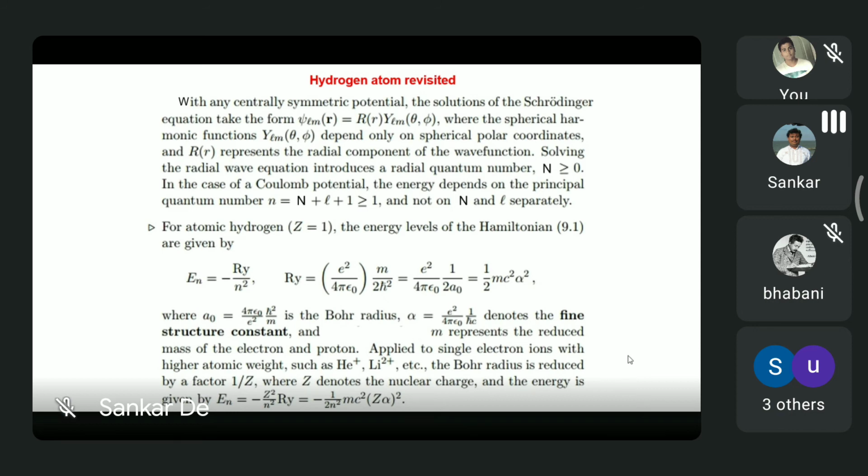Then the scattering and the other parts came. It is all focused on the hydrogen atom, and then the extension of the hydrogen atom to finer details, to the finer spectrum, or the different interactions of the hydrogen atom with fields.